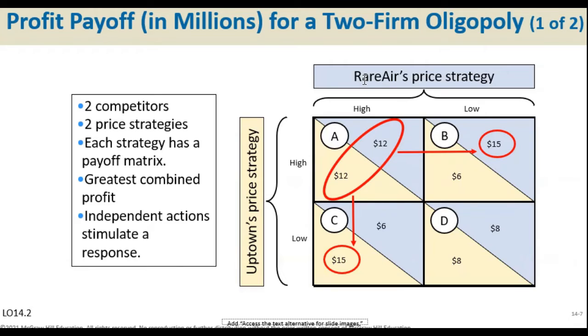For instance, if Rare Air adopts a high price strategy, and at the same time Uptown adopts the same high price strategy, both end up with a revenue of 12 million each.